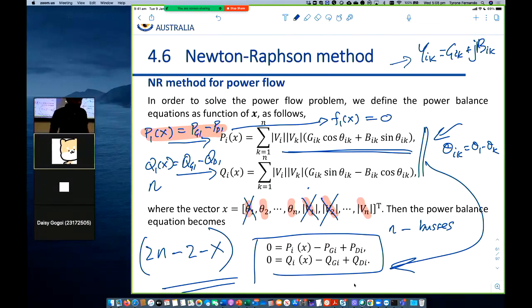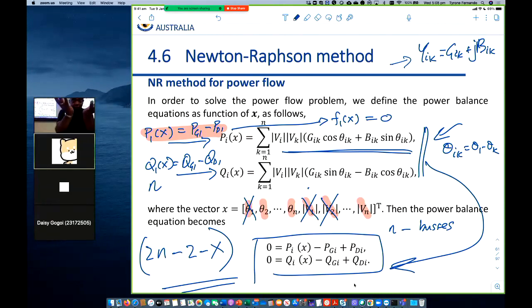So we have P_ik equal to that summation. What are we summing? For each node we have an external power injection, that's what I call P_i. And we are summing all the power flows in the lines in the network.